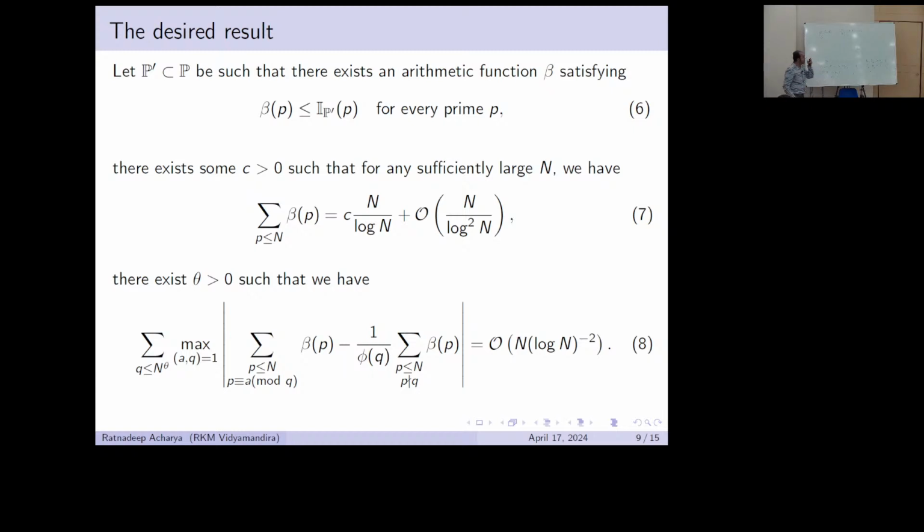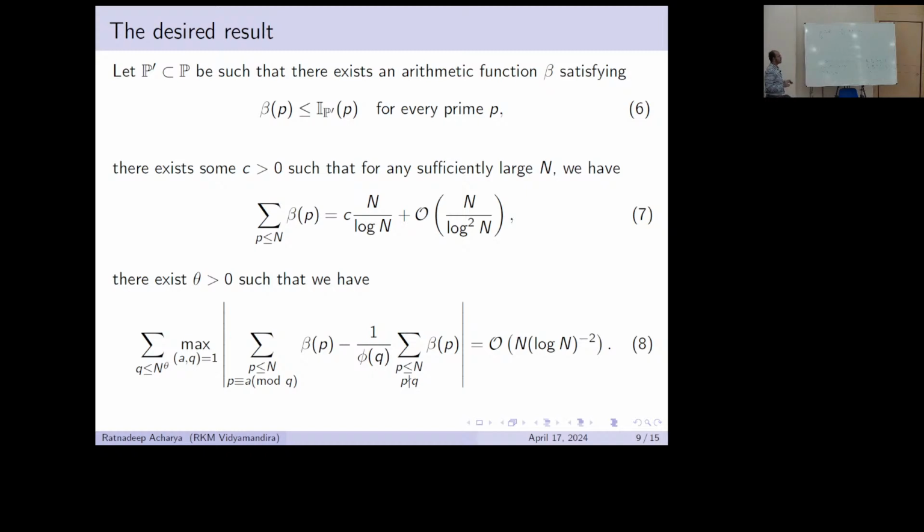So if there exists some beta satisfying these three conditions, then, as I mentioned, for the characteristic function I p prime, checking equation number 7 is easier, but to check equation number 8 for this candidate is really difficult.